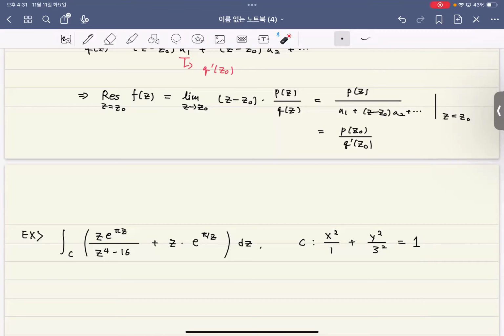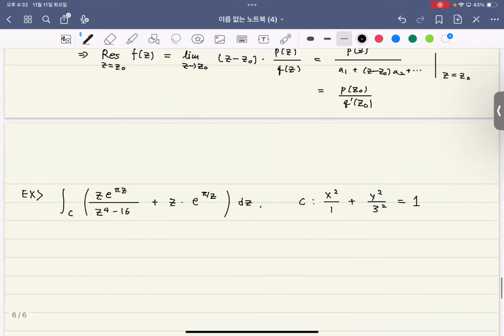But the problem is different for the second term, e to the pi over z, not e to the pi z. So I can expect another singularity at 0, but this time it is not a pole. This is an essential singularity. Do you remember this? Okay, good. Even if my singularity is an essential singularity, I should be able to make use of the residue integration.